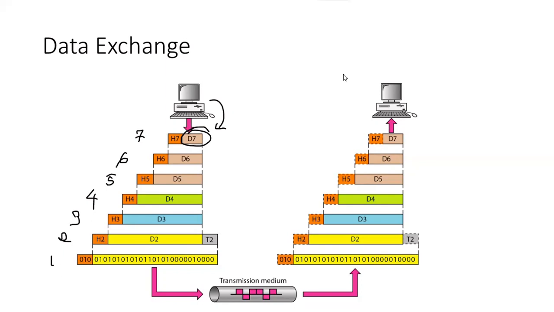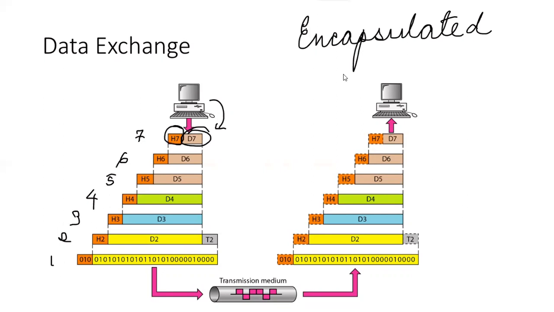So what is done is the data which is generated by the user or the sender is encapsulated. Encapsulated means that it is taken and then some additional information is added to it, and this whole thing becomes one unit of data. So what is the additional information? This H7 is called the header.